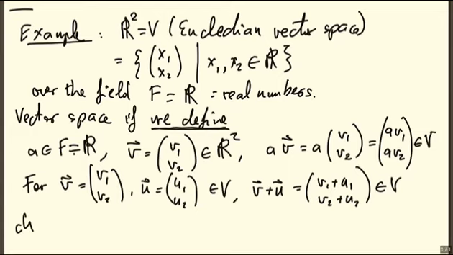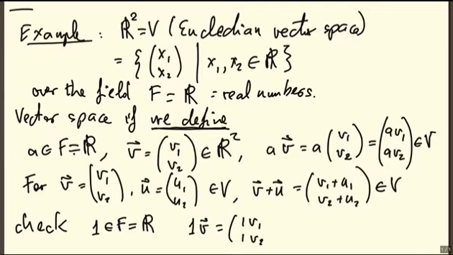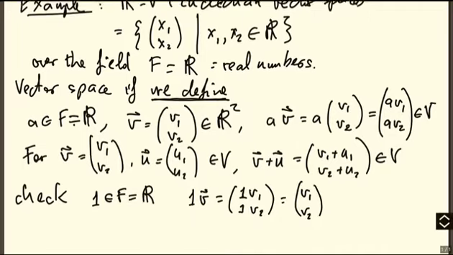We can easily check that if we consider 1 from the field, which is again just a real number, we have 1 times V is multiplied component by component, 1 times v1, 1 times v2. But because these are scalar numbers, we have that this is just v1 and v2, since 1 is the identity of the scalars.